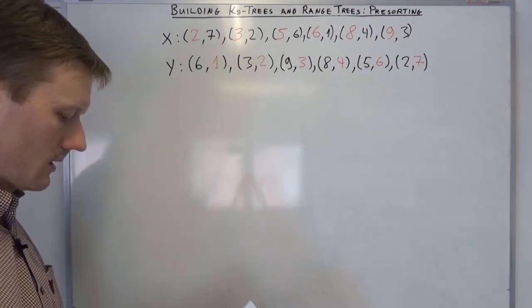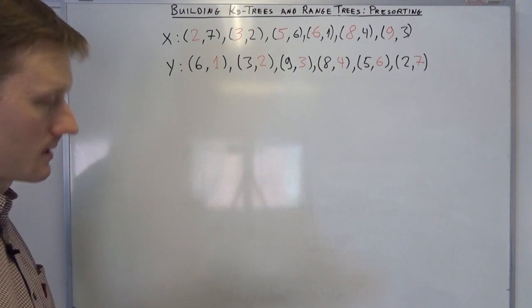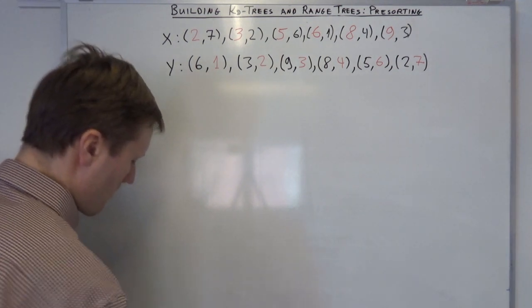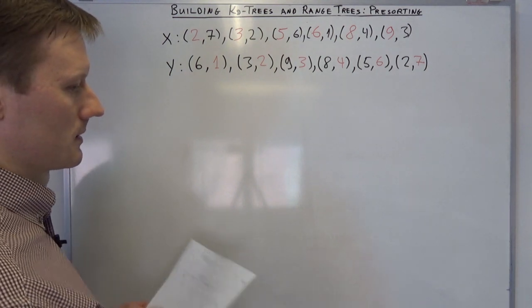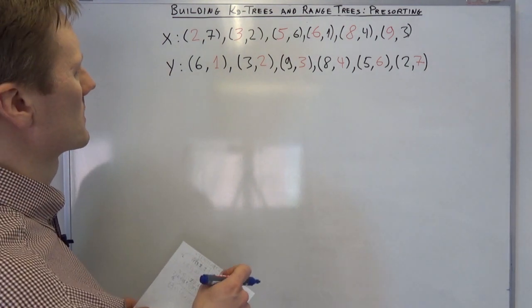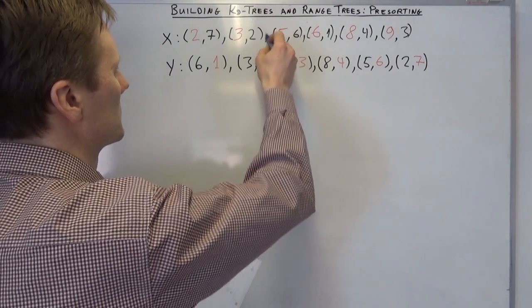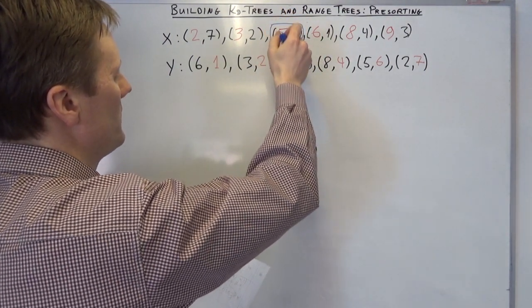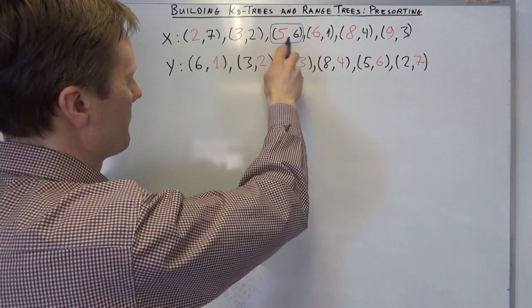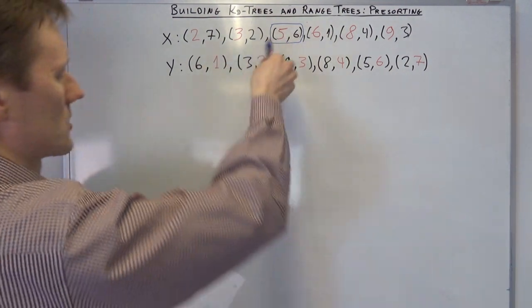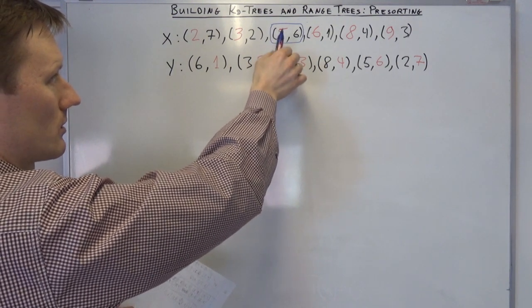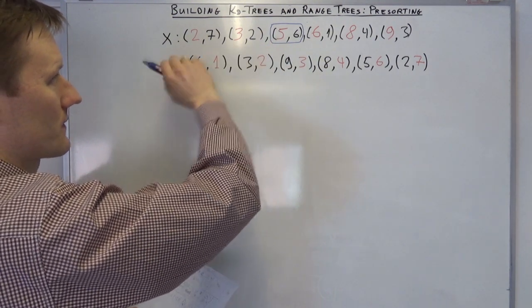So then in the main body of the algorithm, let's say this is a KD tree building algorithm, and let's say we pick this element as a pivot. So this is our V element, so V is 5 in this case, and so everything that has x coordinate smaller than or equal to 5 belongs to the left subproblem.